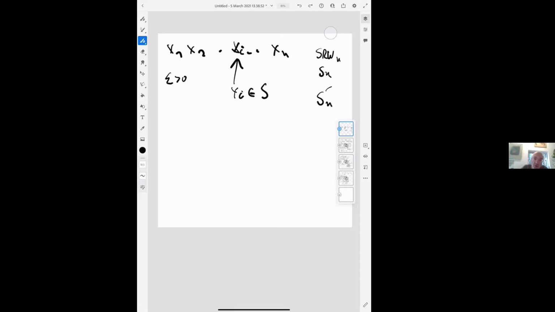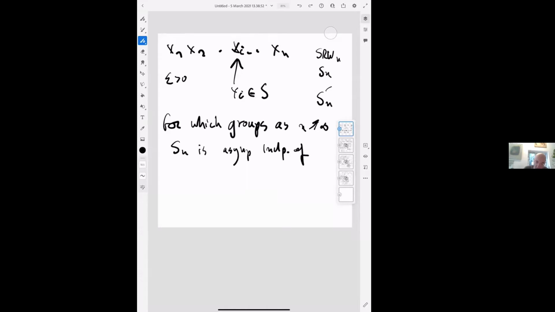Now we want to ask for which finitely generated groups, as n goes to infinity, Sn is asymptotically independent of Sn prime. This is the informal question. There are several definitions of this notion of independence, and you can ask it in different norms.